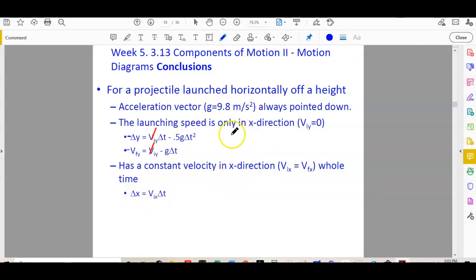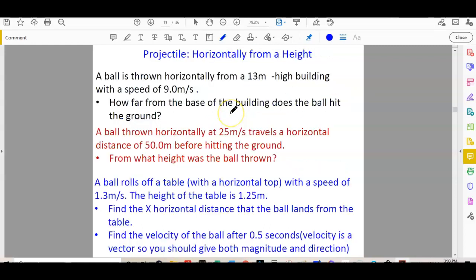So here are the conclusions or assumptions that we can make for an object launched straight horizontally at a 0 launch angle. Theta is going to be equal to 0 when it's launched horizontally from a height in the air. Okay? So there's a bunch of cool problems that we could do, and all of these are the typical types of problems that we're going to do.